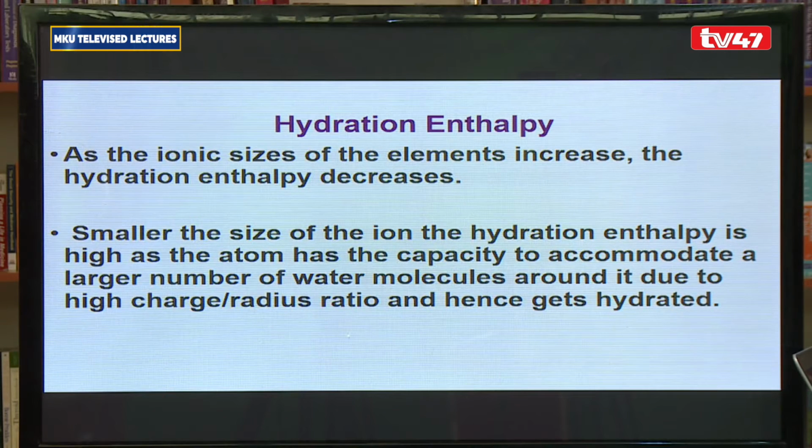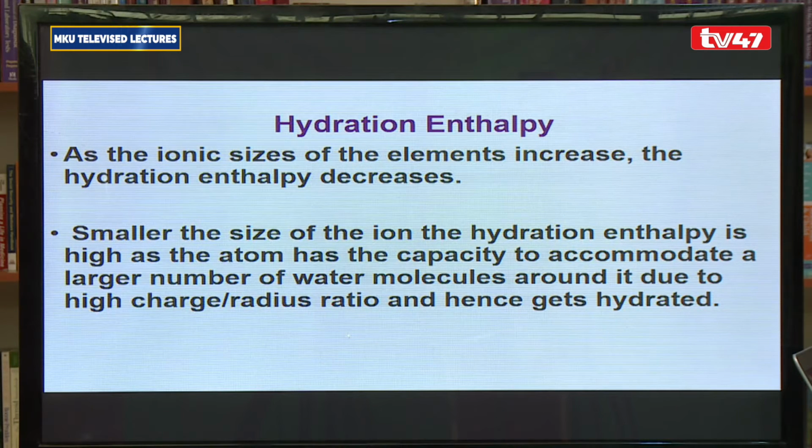The other thing is the hydration energy. As the size of the atom becomes bigger, it becomes more difficult for that particular atom to attract water molecules towards itself.